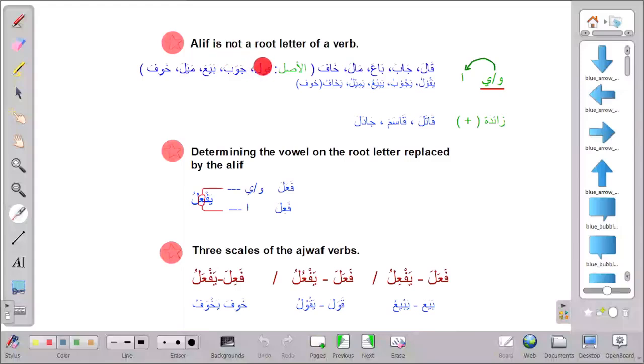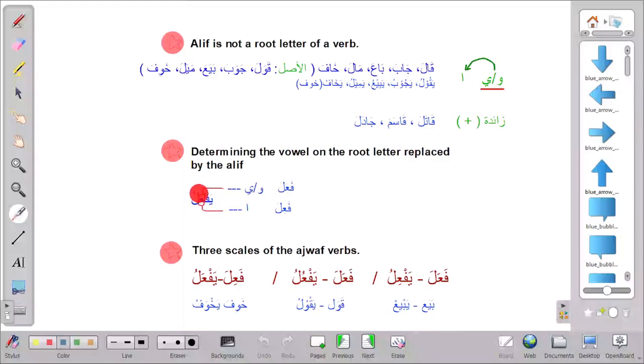Because you have to look at the mudari, yaf'alu or yaf'ilu or yaf'ulu. If you look at the mudari, the ayn position, the second last letter, if it is waw or ya, then meaning the replaced letter was having fatha.